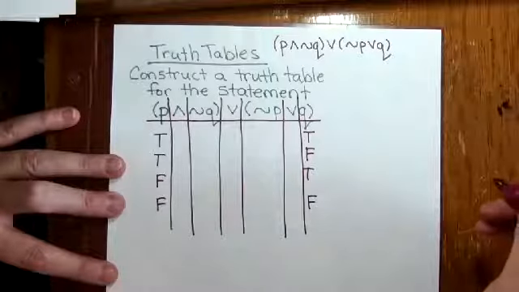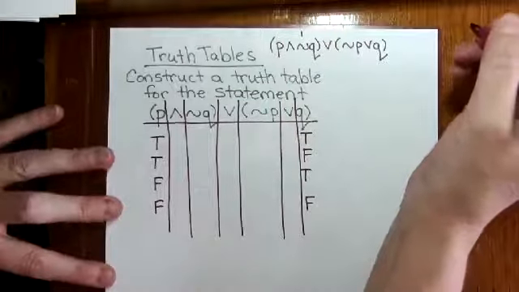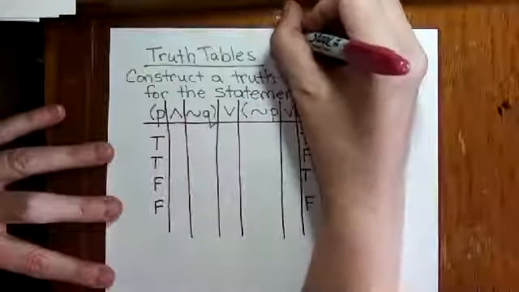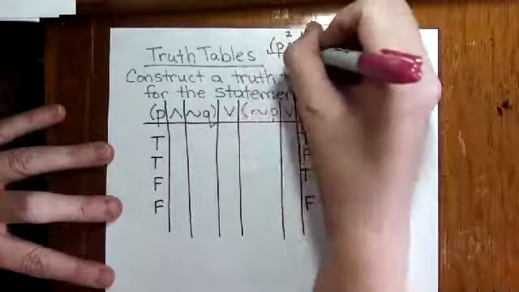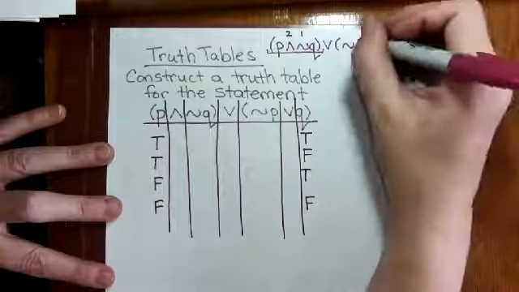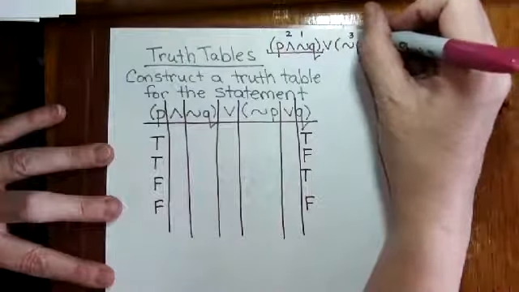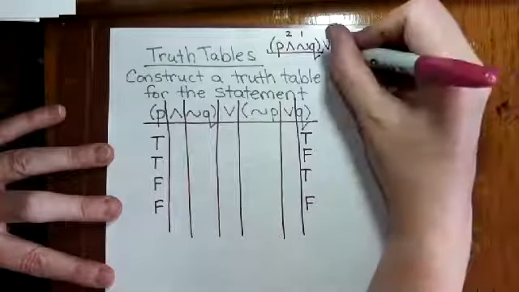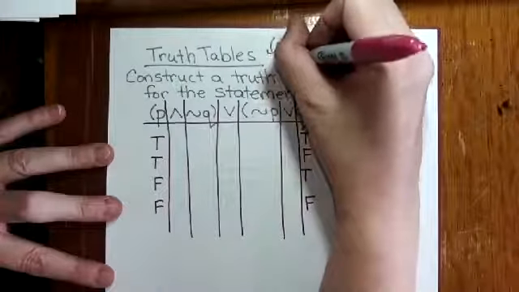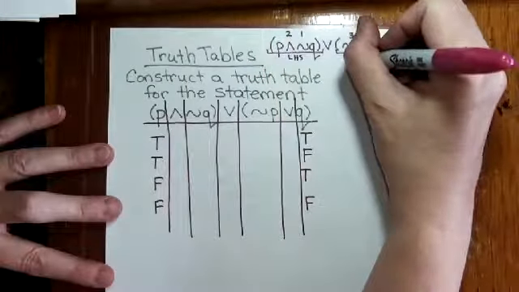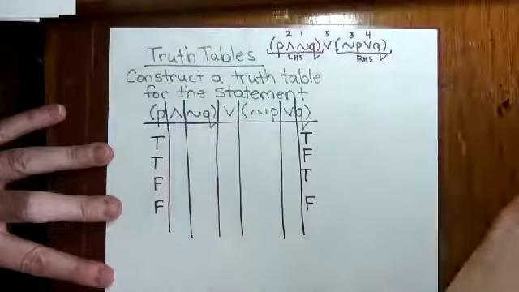Next, what we could do is, again, we can negate Q, then we can AND it with P, just like before. We can then negate P, OR it with Q. And finally, we can take the left-hand side result and the right-hand side result, and we can OR them.